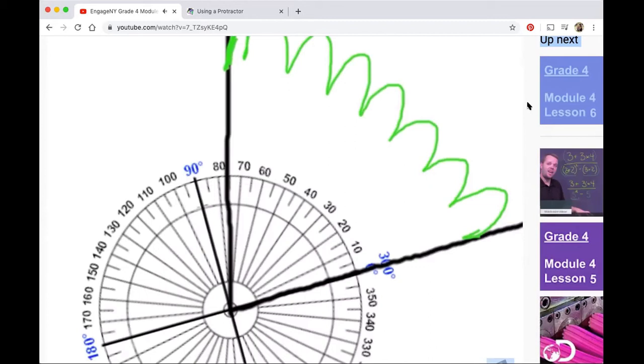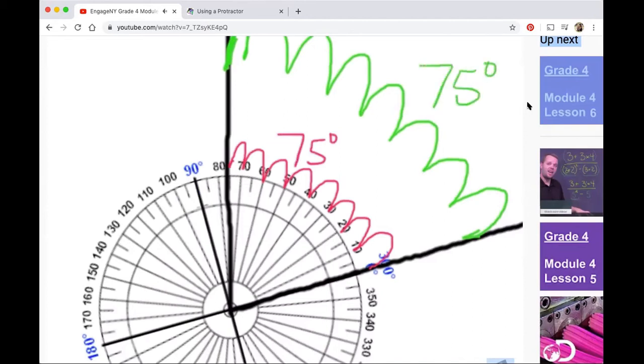So I'm going to start here at 0, 10, 20, 30, 40, 50, 60, 75. So both times, whether I use the big protractor or the small protractor, in both cases, I got 75 degrees.